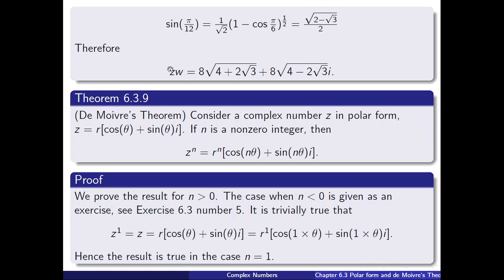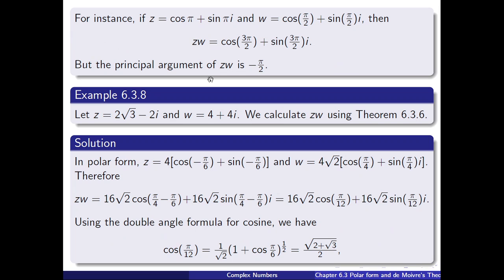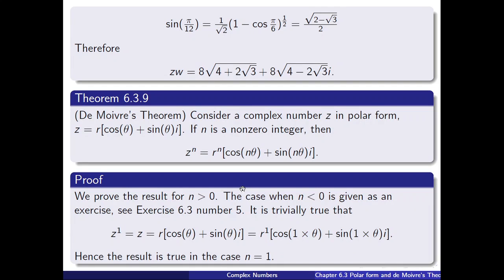And so therefore zw becomes 8. So now you are multiplying. Because we have found cos and sine, we multiply by 16 root 2, and then you end up with an expression that looks like that.